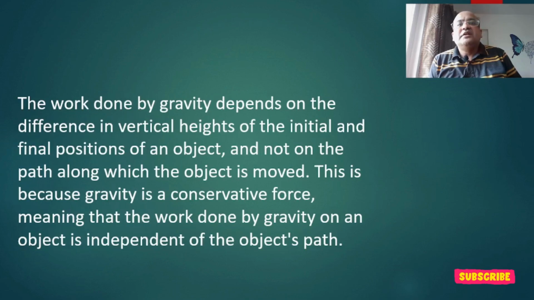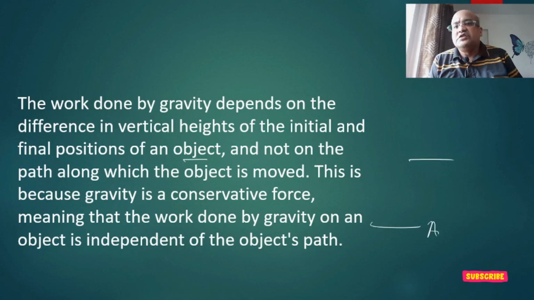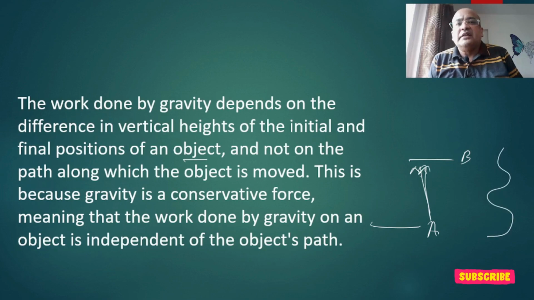Now the work done by gravity depends on the difference in the initial and the final position of the object. It depends on the vertical height and not on the path along which the object has moved.